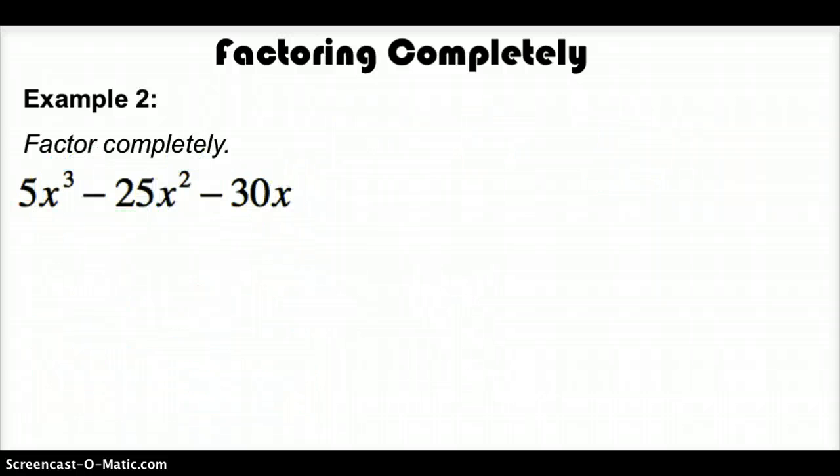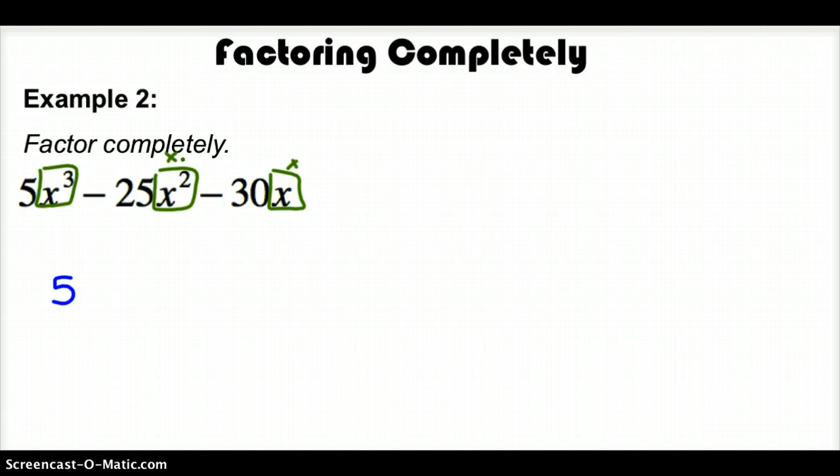This next one here, I've got 5x cubed minus 25x squared minus 30x. So I'm going to go ahead and guess here on this next one that I can take out a 5, because it's 5 and 25 and 30, so it looks like I'll at least be able to take out a 5. So I'll take out a 5 here. Now I have a certain amount of x's in common, right? So this term has 3, this term has 2, this term has 1.